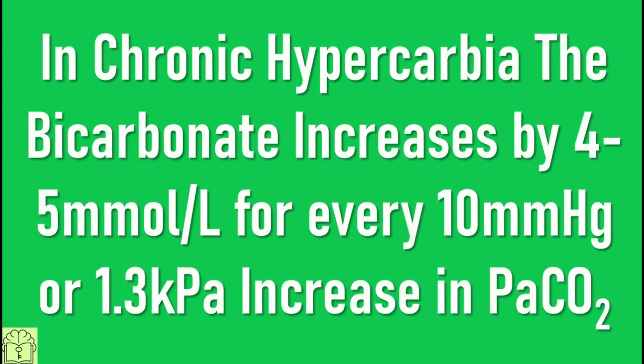In chronic steady-state hypercarbia, the bicarbonate increases by 4 to 5 millimoles per liter for every 10 millimeters of mercury, or 1.3 kilopascals, increase in the PaCO2.